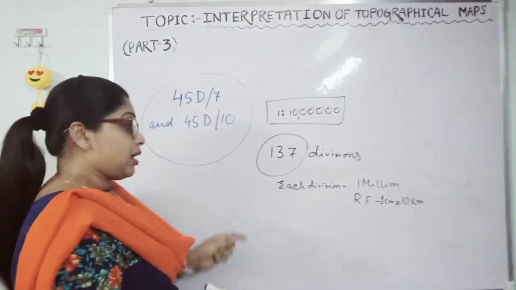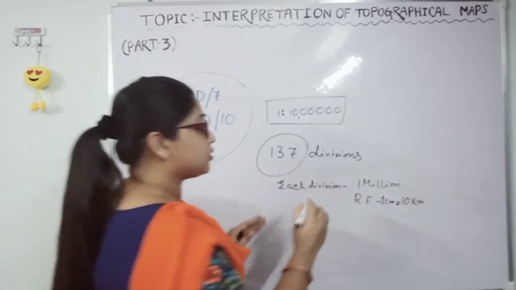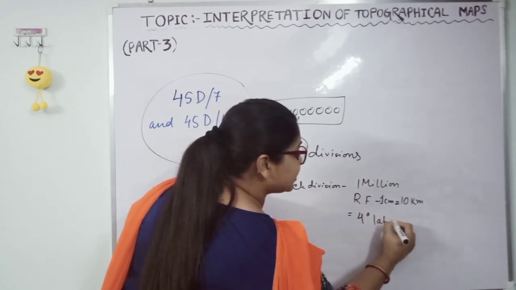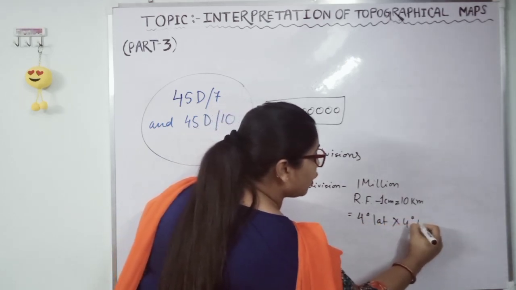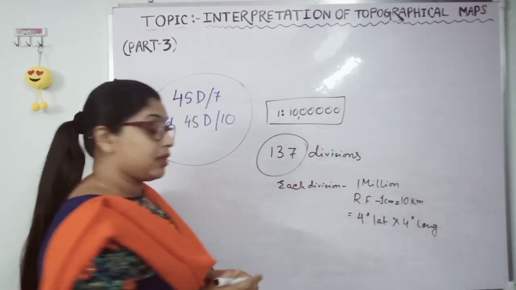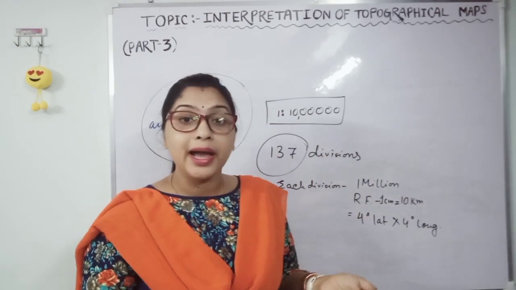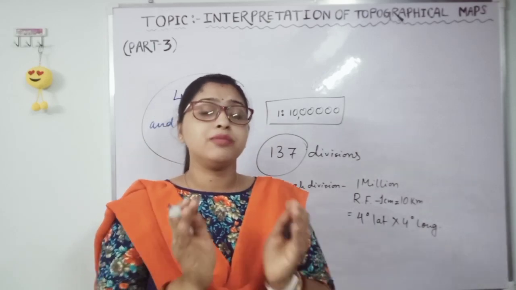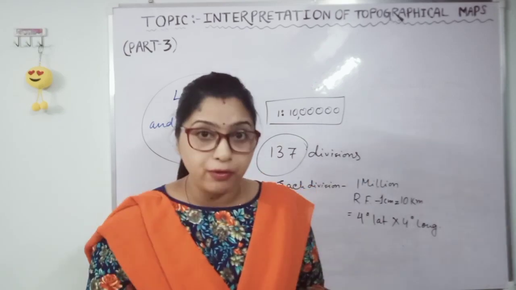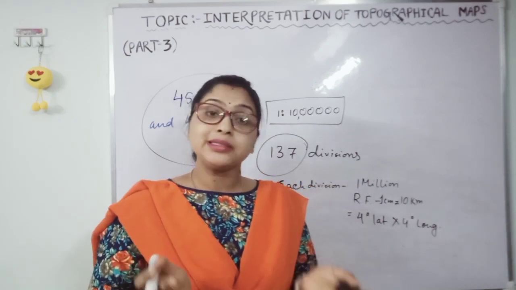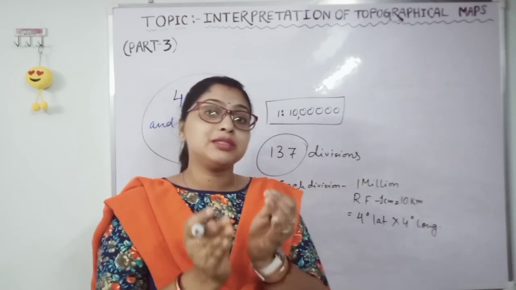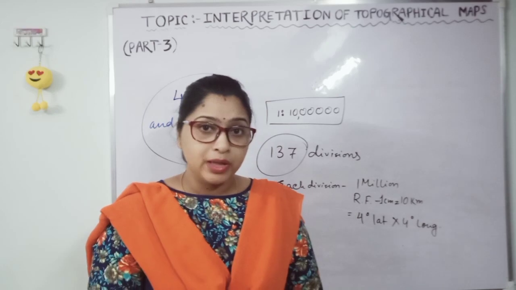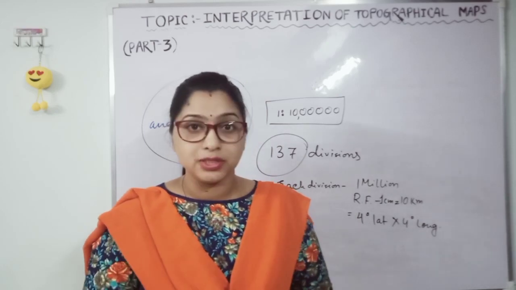Is it clear? Another important thing: the area was 4 degree latitude by 4 degree longitude. Now the question is, what is 4 degree latitude and 4 degree longitude? I have said a topographical map is made on a very small area with detailed information. Sometimes the area can be less than 1 degree of latitude and longitude interval.